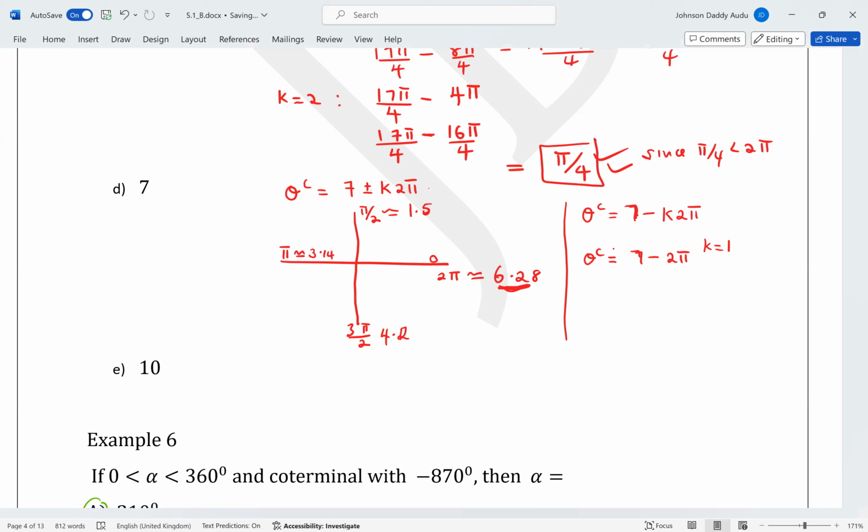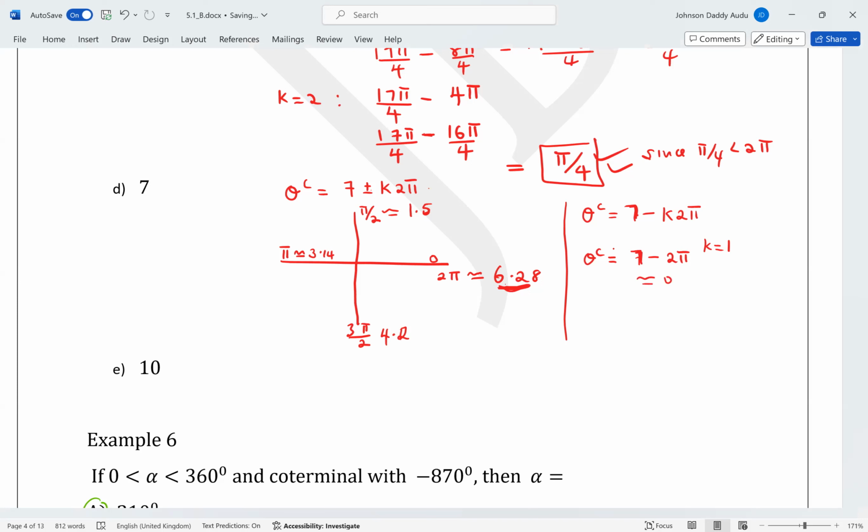But what is 7 minus 2 pi? You see that 7 minus 2 pi is just going to be approximately 0 point something, because remember 2 pi is 6.28, right? So 7 minus 6.28 is almost 0.7 something.